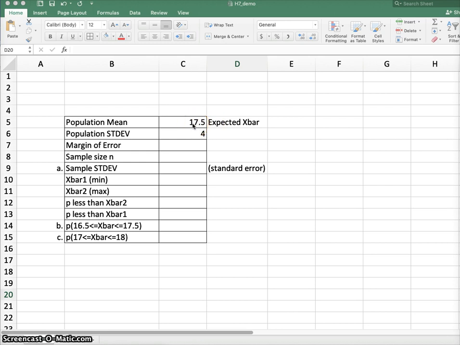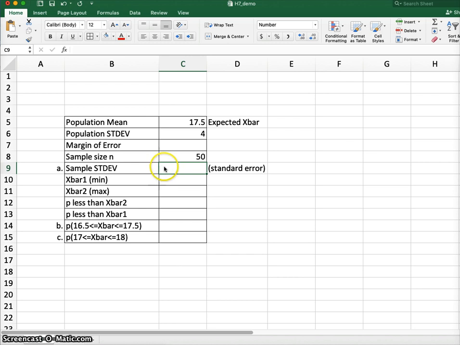So 17.5 is the expected X bar of our sample. Now I want to know what the sample standard deviation is, and before I can calculate that, I need the sample size. It tells us the sample size is 50, so I'll put that right here.